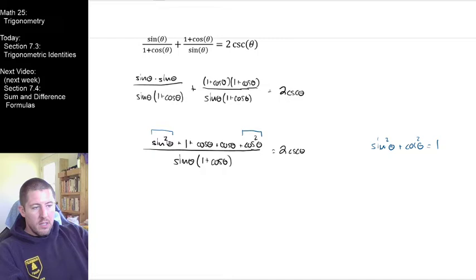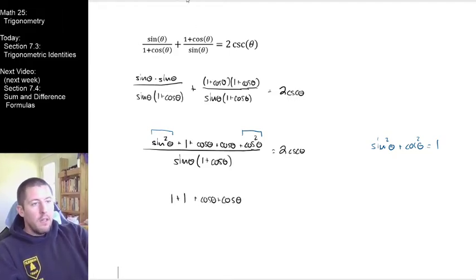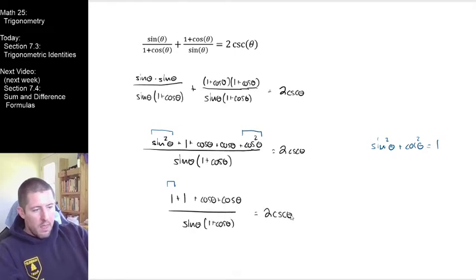So I'm going to replace sine squared plus cosine squared with just the number 1. 1 plus 1 plus cosine theta plus cosine theta. And just to help the organization here, I'll cap my 1 right there so you can tell where that came from. All divided by sine theta times 1 plus cosine theta. Allegedly is equal to 2 cosecant theta.